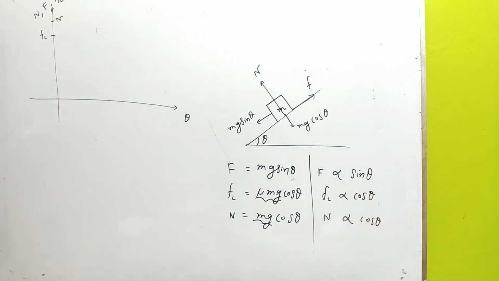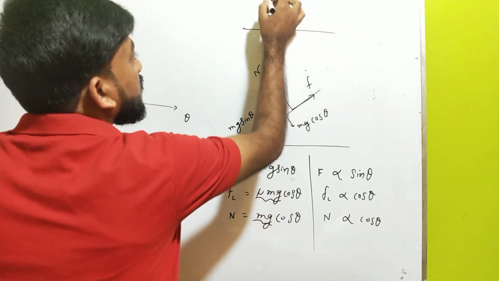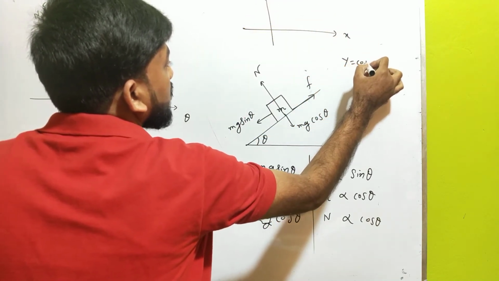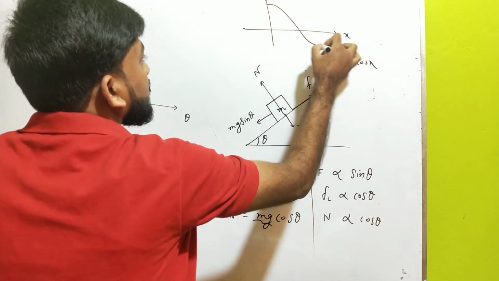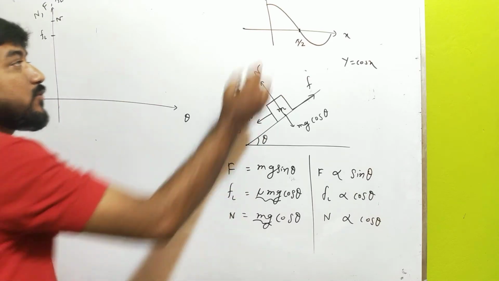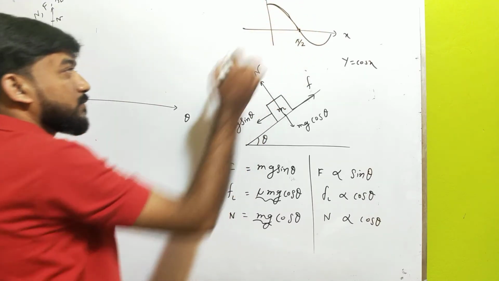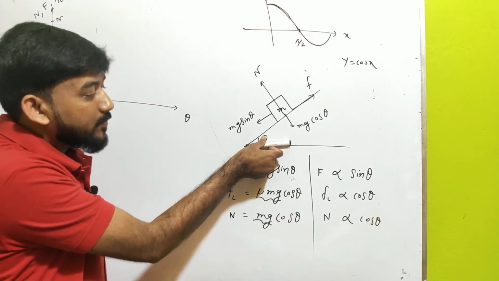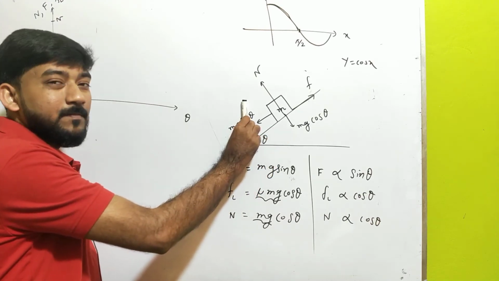Now you can see FL and N vary with cos theta. So what will be the graph of cos theta? We know the graph of cos theta is like this. If we plot y versus x, with y equal to cos x, the graph will be like this, and this is pi by 2, and we have to draw the graph up to pi by 2. Why? Because theta will vary maximum from 0 to pi by 2.